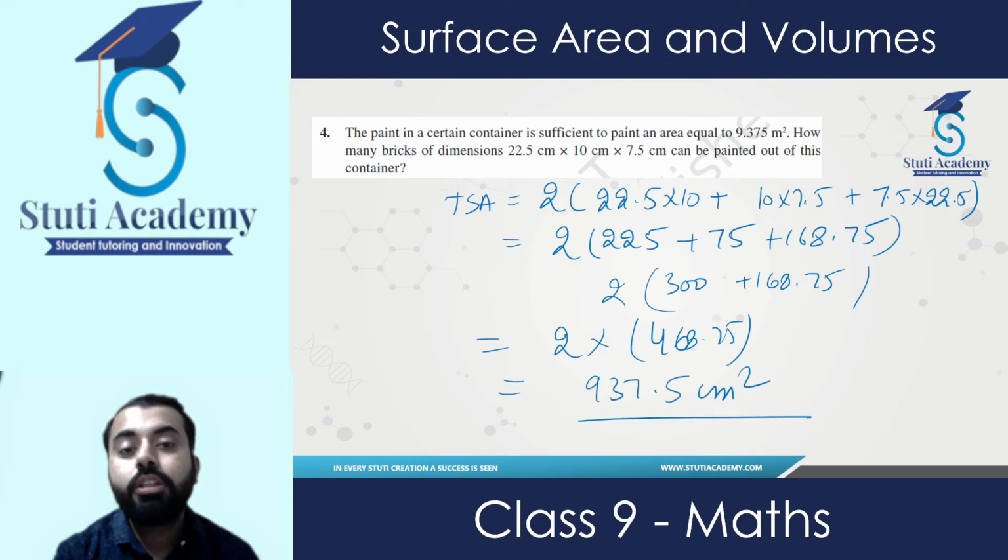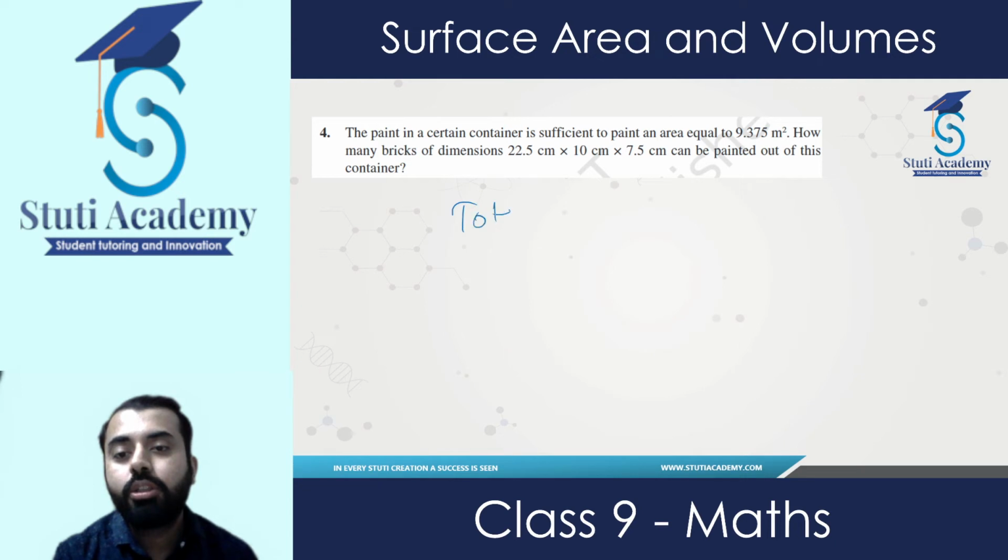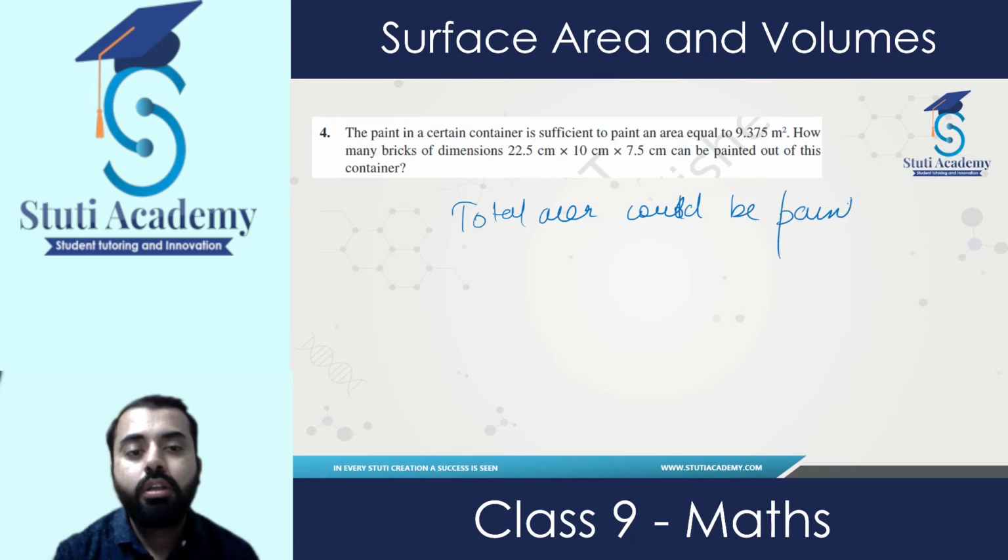But now you guys know, after converting, your total area we painted was what? It was 93750, and the area of one brick was this, 937.5.